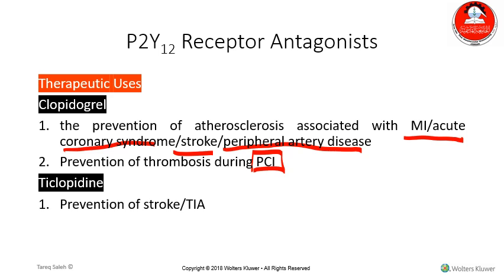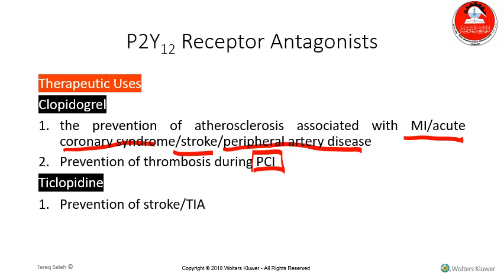On the other hand, ticlopidine is similar in structure to clopidogrel and is indicated also for the prophylaxis against transient ischemic attacks or strokes, cerebrovascular accidents resulting from thrombotic events in the cerebral circulation.